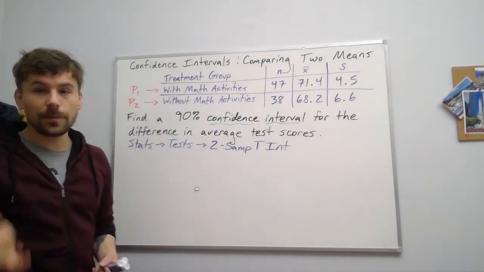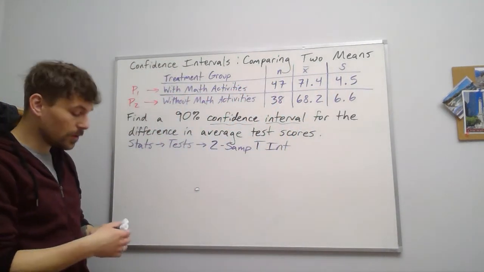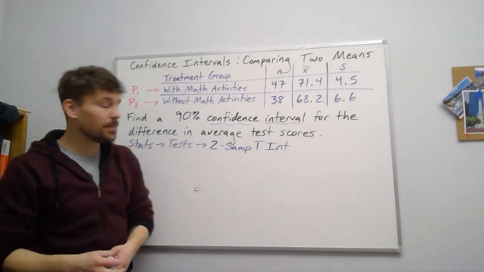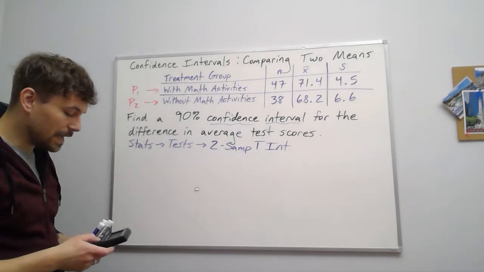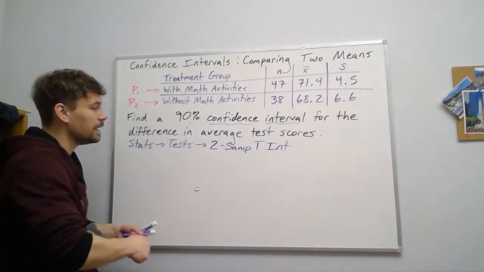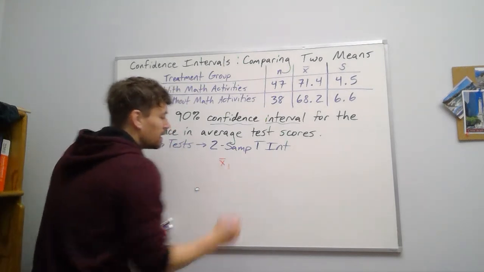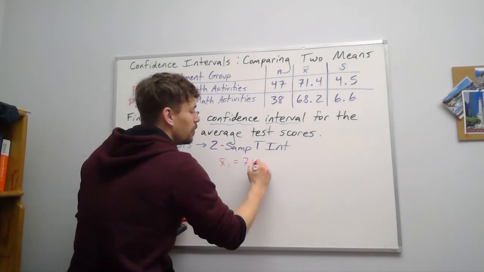Now, be careful about the order, because the order that the table gives it will not necessarily be the order that the two-sample T interval asks for that information. For example, if you were to go to that two-sample T interval, the first thing it asks for is X bar 1. So we're not going to put in 47, we're going to put in 71.4.